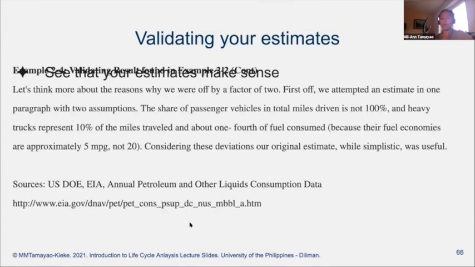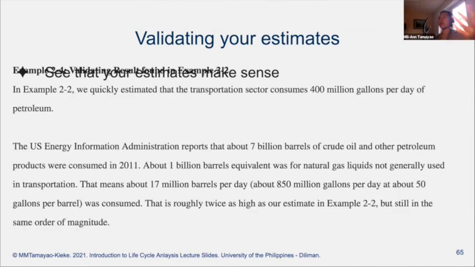So now, if you encounter situations like this, nagkaroon kayo ng estimate, tapos meron kayo nakitang secondary source, no? Tapos ito yung ni-report niya. Okay. And this is still under the umbrella of validating your estimates, right? You have to think, no, and you have to explain why there could be such a discrepancy.